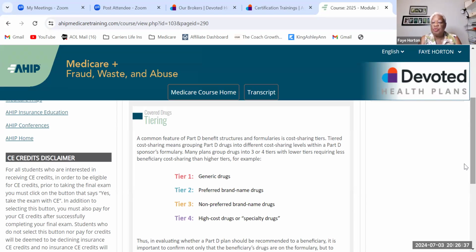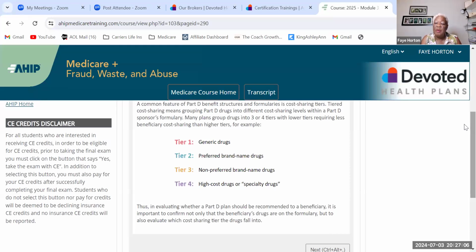Many plans group drugs into 3 or 4 tiers, with lower tiers requiring less beneficiary cost sharing than higher tiers. For example, Tier 1 might be generic drugs, Tier 2 preferred brand names, Tier 3 non-preferred brand names, Tier 4 high-cost drugs or specialty drugs.